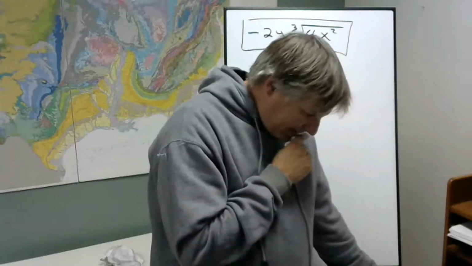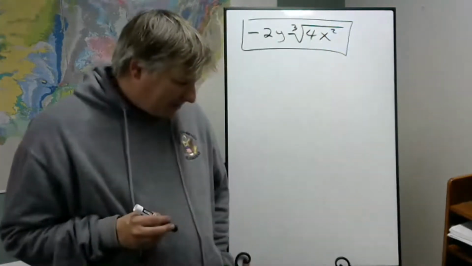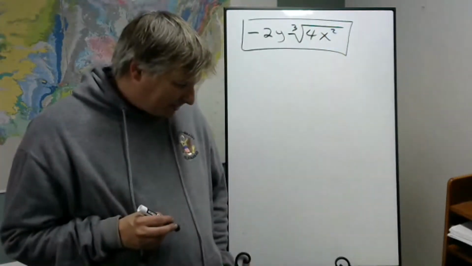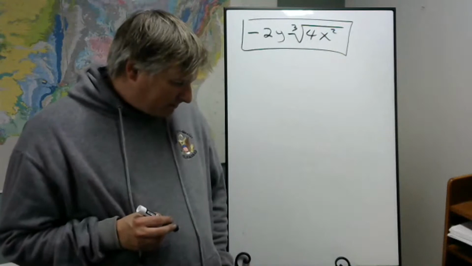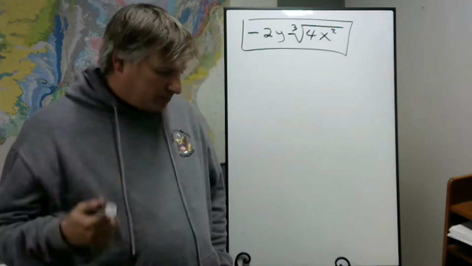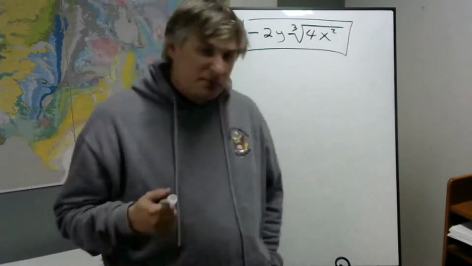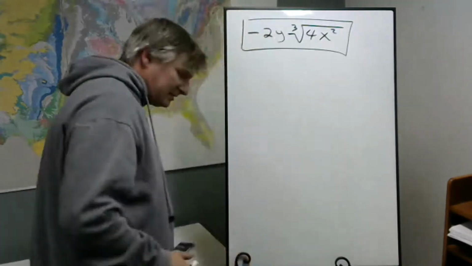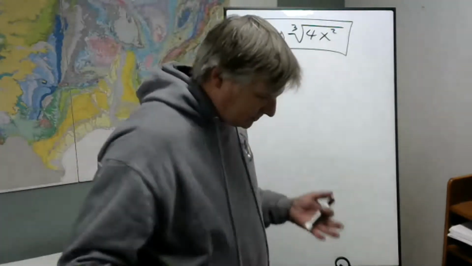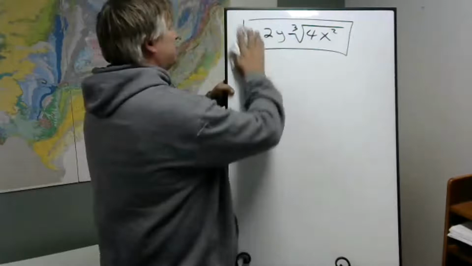Now, we're going to backtrack a little bit to the extent that we're going to assume that x could be negative. So for this next example, let's assume x could be negative.